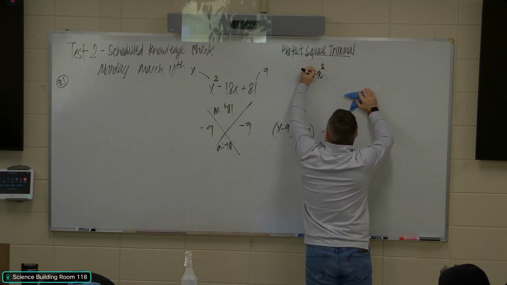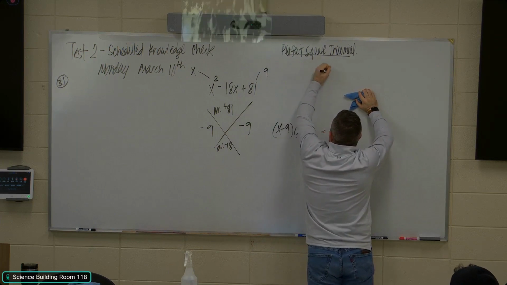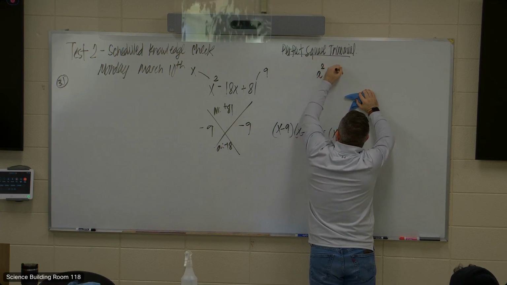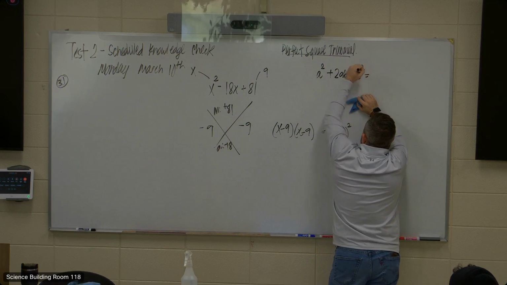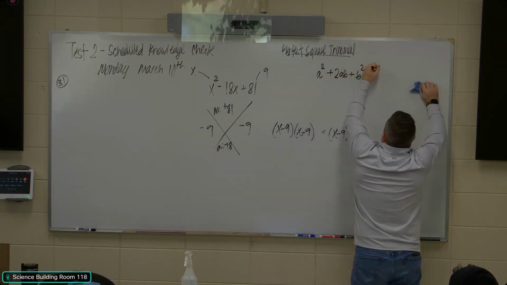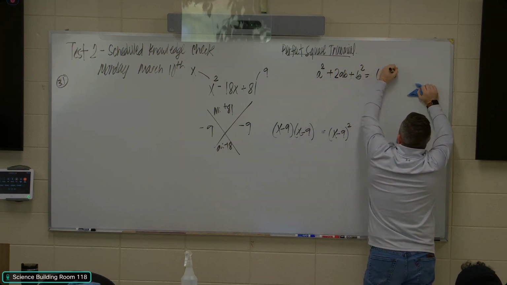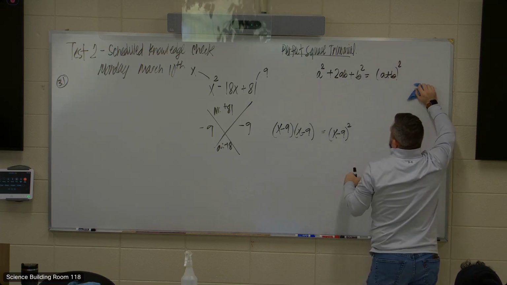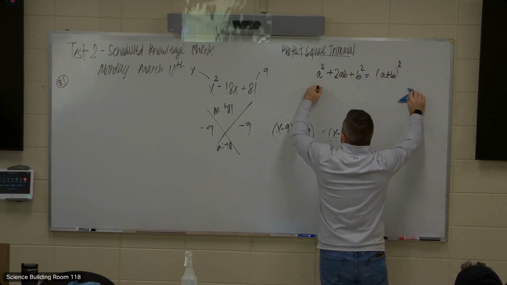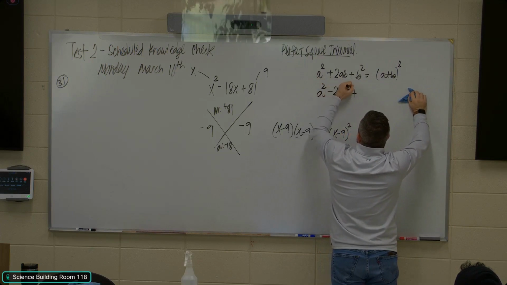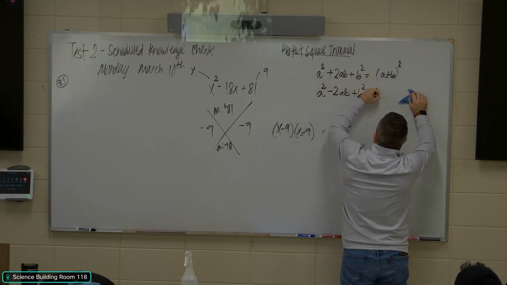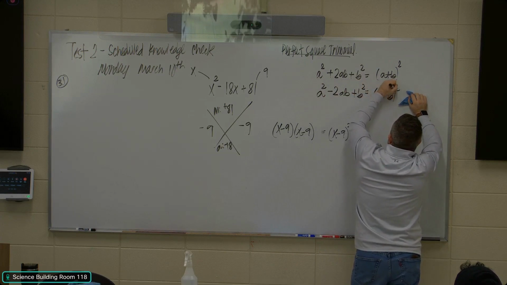A squared plus 2ab plus b squared equals a plus b squared. And a squared minus 2ab plus b squared equals a minus b squared.